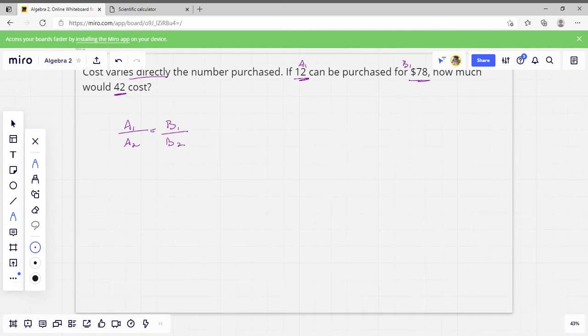That's the number, so that's A2. So our A1 is 12, our B1 is 78, our A2 is 42, and we're trying to find B2.